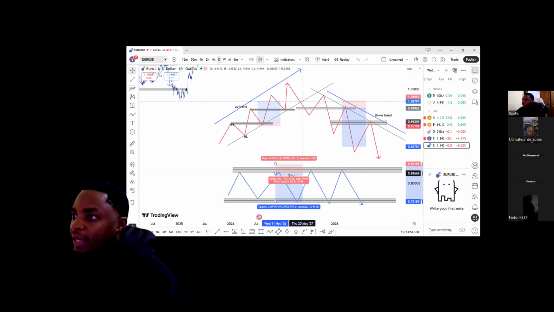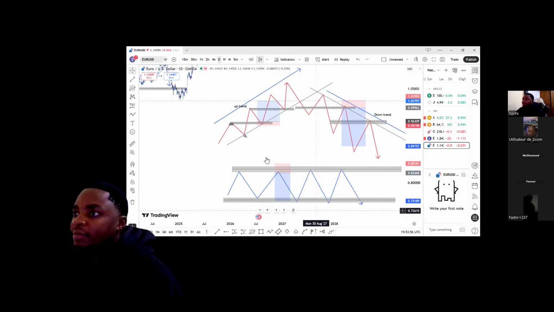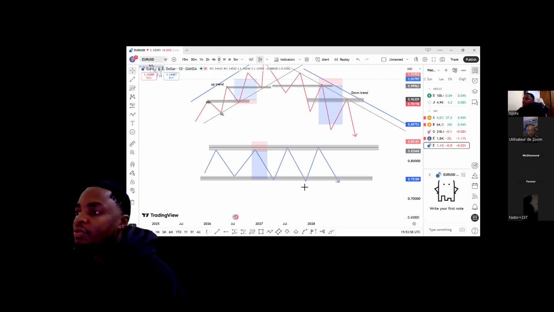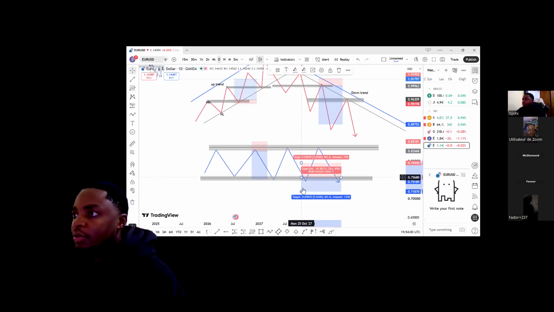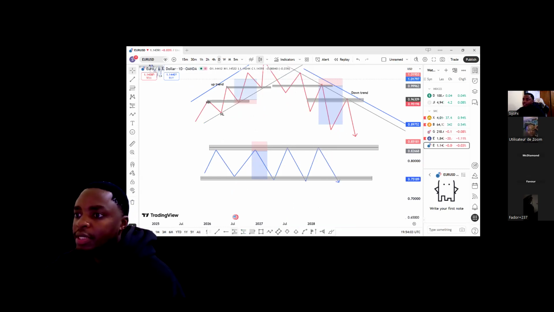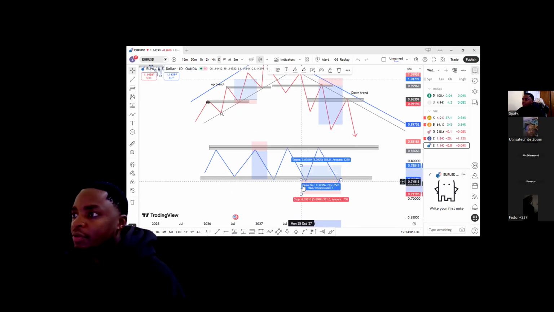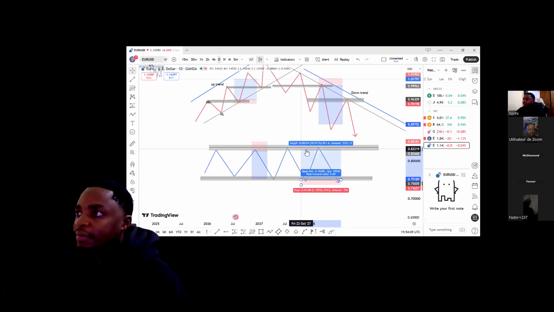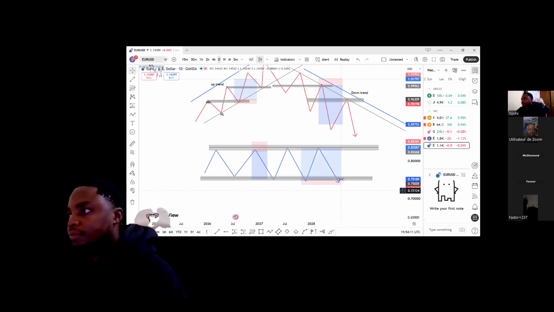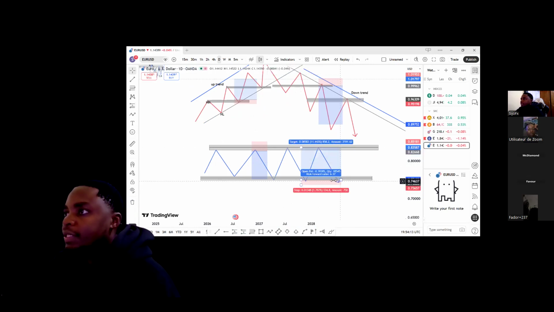And if you want to buy from this ranging market, you put your stop loss below the support, and you buy to the resistance side. Is it clear now?